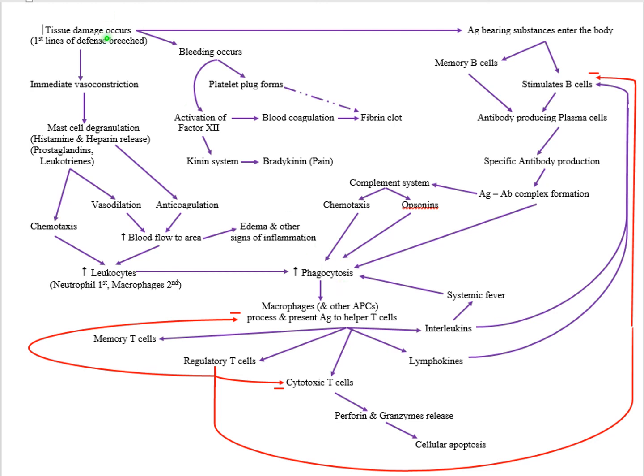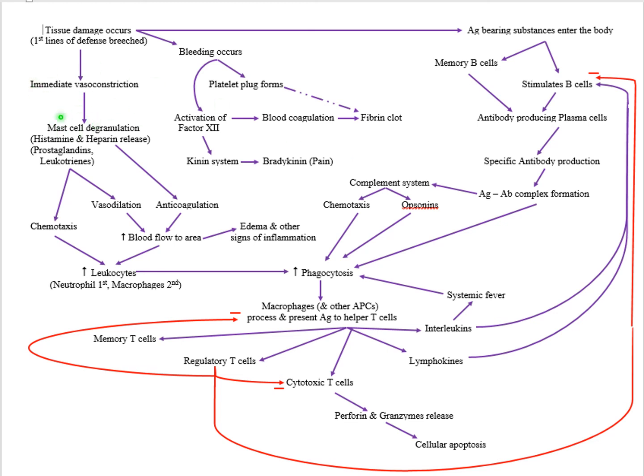So, inflammation: we get immediate vasoconstriction, we get bleeding. The bleeding will be taken care of through the platelet plug and the formation of the fibrin clot through blood coagulation. The kinin system will be activated at the same time as blood coagulation through factor 12. That produces bradykinin, which enhances pain in the inflammatory response.